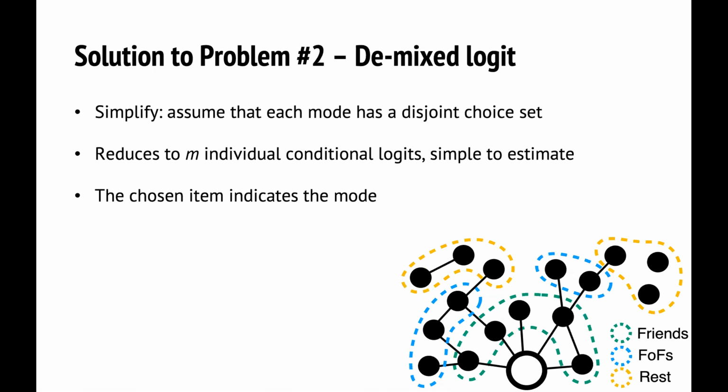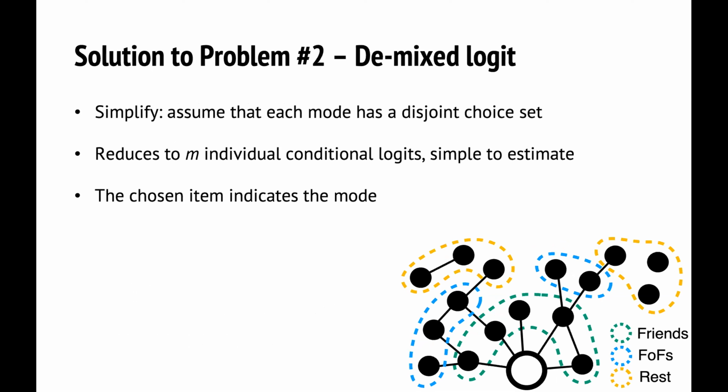So to solve this, we make a simplifying assumption and define a new model we call the demixed logit, which is a mixed logit, but now every mode operates over a disjoint choice set. This reduces the more complicated latent class mixed logit to m individual logits, which are all individually very simple to estimate, and you can use negative sampling, and everything's great.